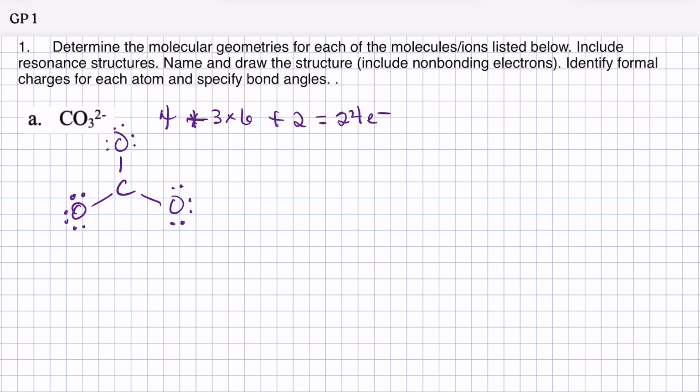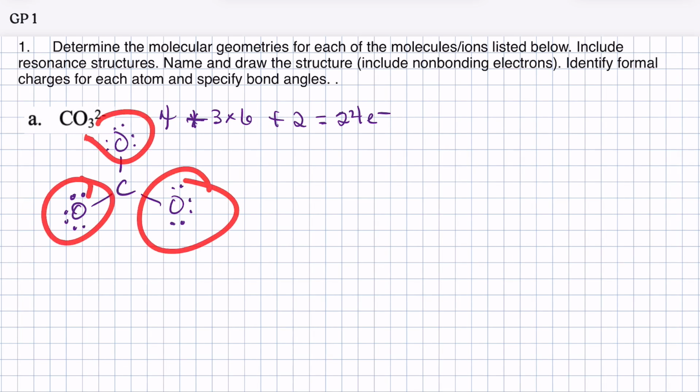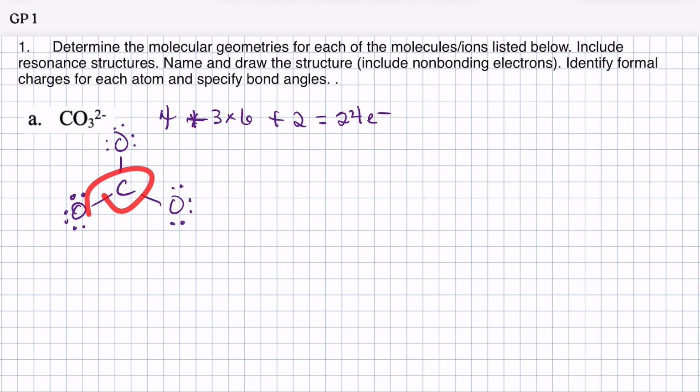But at this point, we note that while the octet rule is satisfied for each of the oxygens, it's not satisfied for the carbon. The carbon only has 6 electrons around it. So we have not satisfied the octet rule for every atom in the species, and we've run out of electrons.